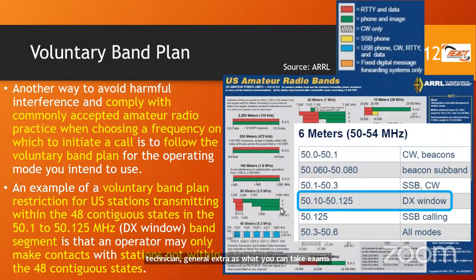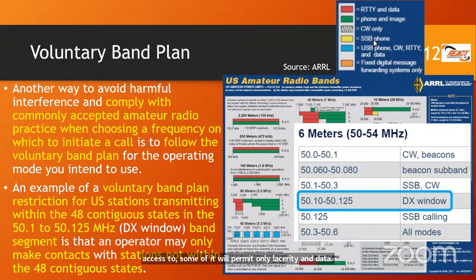And you'll see that as a technician, you can use a particular portion of the band. As another class of licensee, you can use more, if not all of the band, and so on, right? So that's what the band plan is trying to show here. And also for the particular frequency you have access to, some of it will permit only, let's say, RTTY and data. Some of it will allow for voice or phone operation.